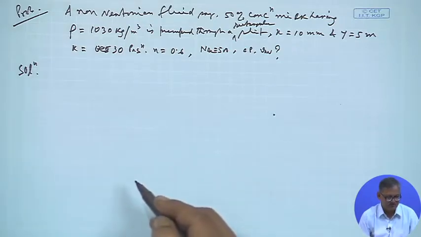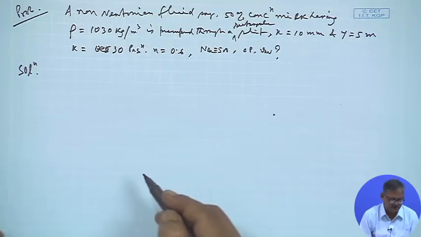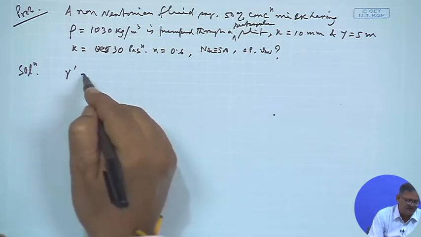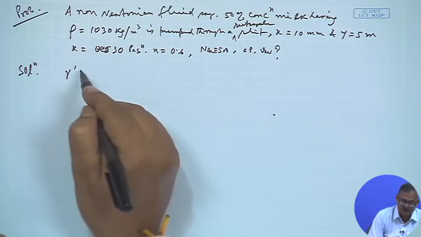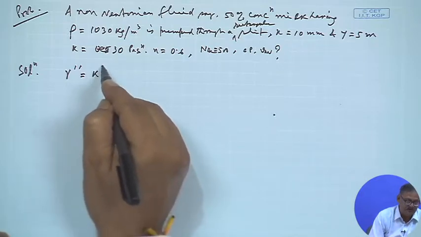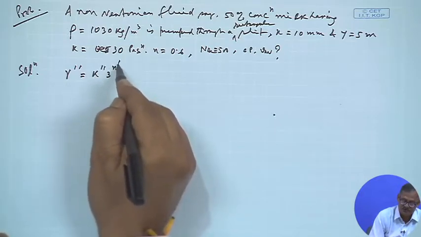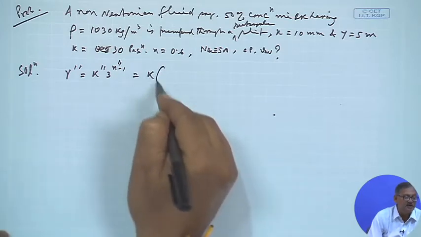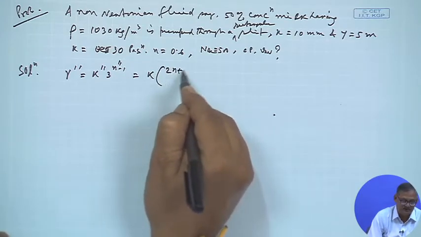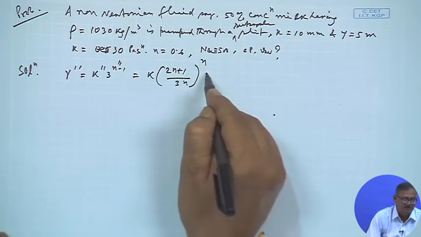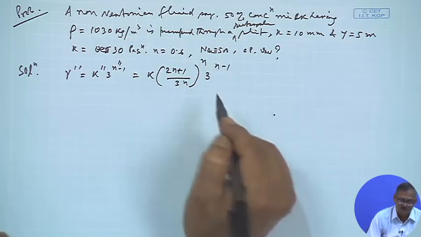If you remember what we did earlier, a similar thing: here gamma prime is equal to gamma double prime, which is equal to k double prime 3 to the power n double prime minus 1, which is k into (2n plus 1 by 3n) to the power n into 3 to the power n minus 1.